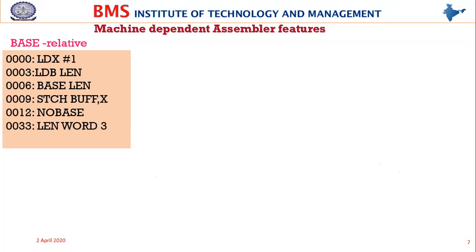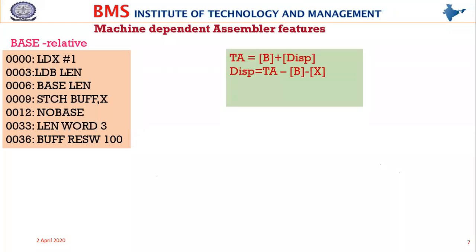Length is an integer constant of 3 and buffer is declared at 0036, which is an array of 100 integers because we have used RESW 100. Then the target address is computed by B plus displacement.